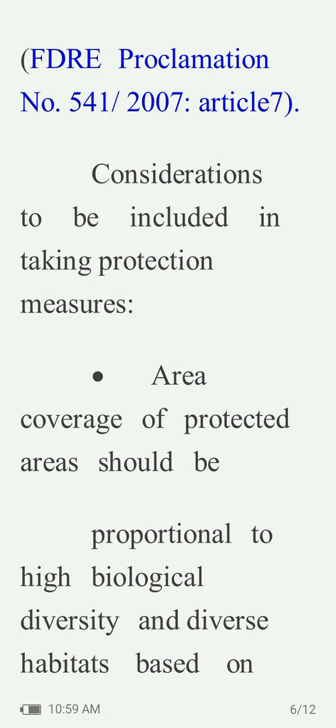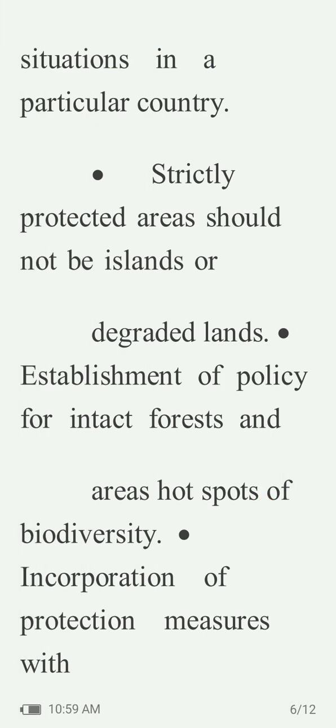Considerations to be included in taking protection measures. Area coverage of protected areas should be proportional to high biological diversity and diverse habitats based on situations in a particular country. Strictly protected areas should not be islands or degraded lands.